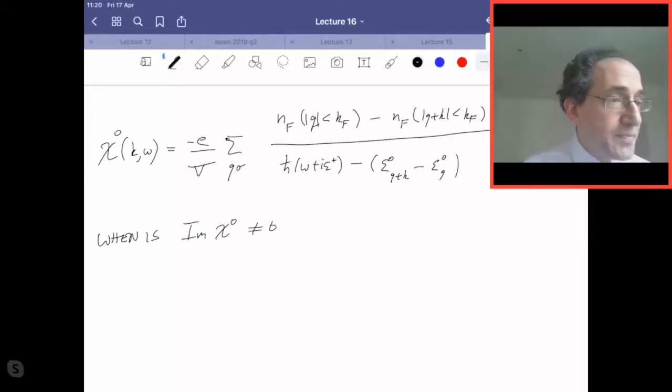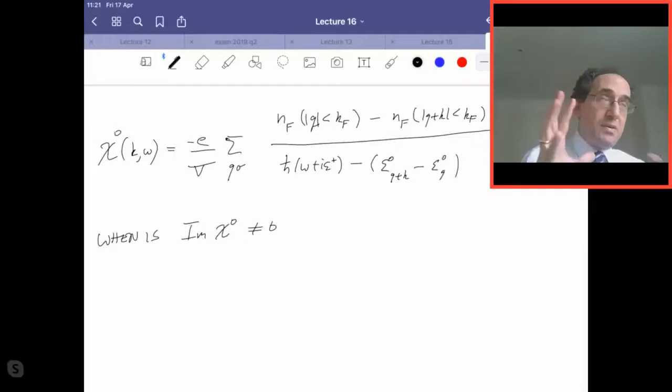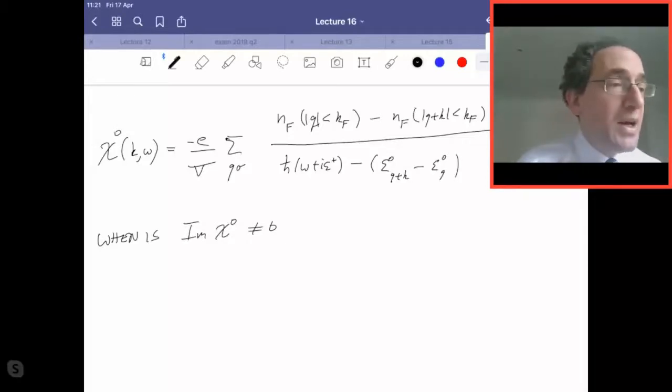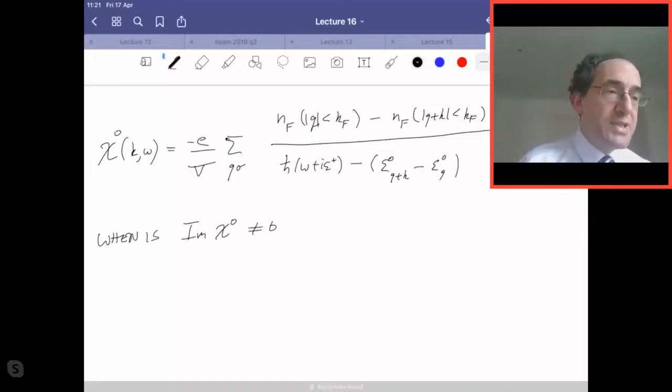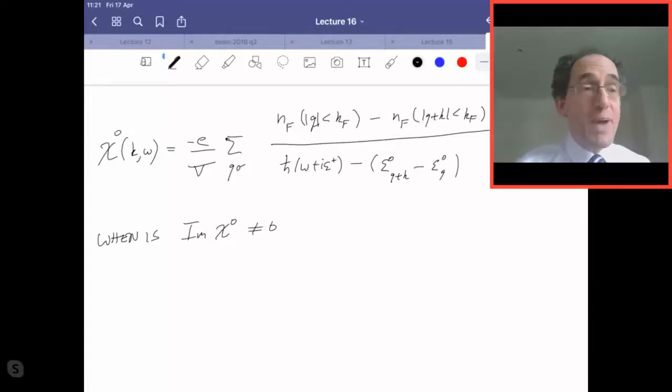Why is it important to find out when there's an imaginary part? If you remember when we defined conductivity, a real conductivity means that energy is dissipated, whereas an imaginary conductivity means that you have a reactive response, the out of phase response to the finite frequency perturbation, which dissipates no power whatsoever.